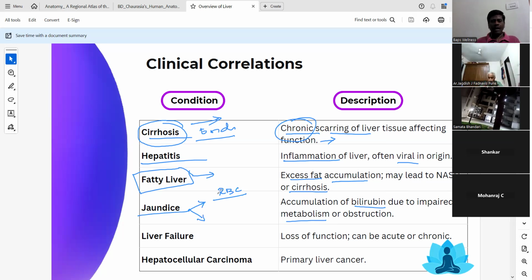If the RBCs are broken down prematurely, already we have seen 120 days is the normal lifespan. If the RBCs are broken down before that, whenever they come, the spleen goes left, right, center and kills all the RBCs, destroys.